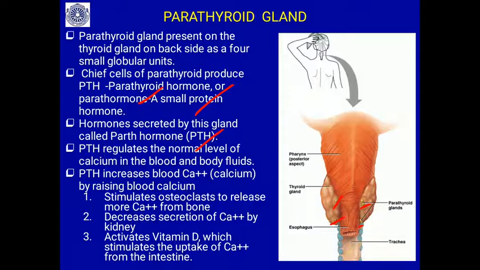It stimulates the release of calcium from the bone, which is decalcification. It also decreases the excretion of calcium through the kidney. It activates vitamin D synthesis, which stimulates the uptake of calcium from the intestine. Thereby it increases the calcium level. Calcium is very important.